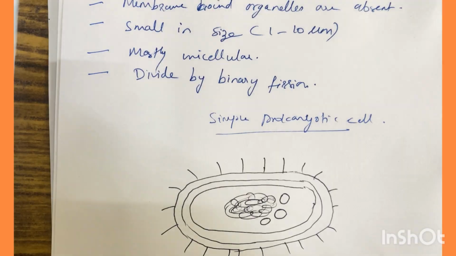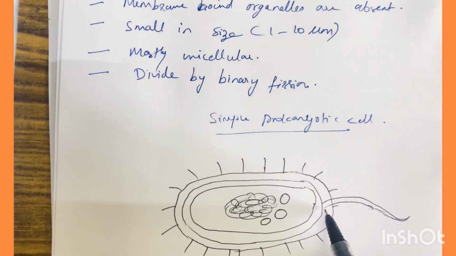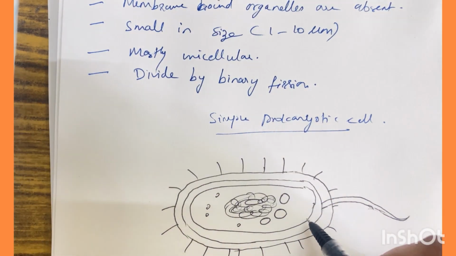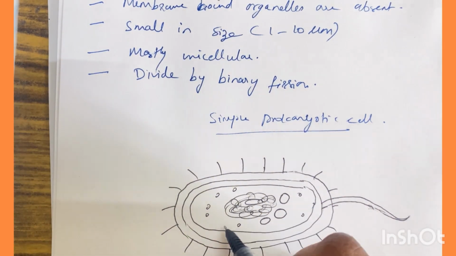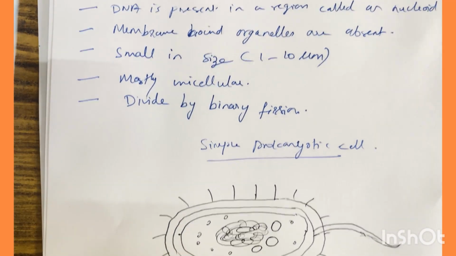Okay, it also has one more locomotory organ called as flagellum. Now this flagellum arises from the cell wall of the bacteria. Okay, so you need to start from this area, right? And then apart from that, it has lots of smaller ribosomes in them.